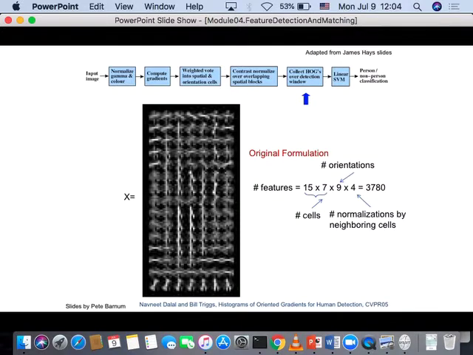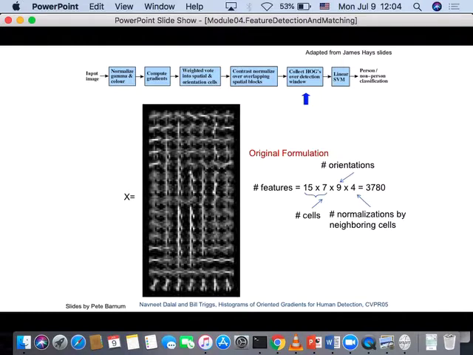All right, so what's the size of the feature vector here? In their 64 by 128 window, they make 7 by 15 cells. That's their strategy, because they said we'll keep a fixed size and we'll just rescale the image if we want to apply it at different scales.